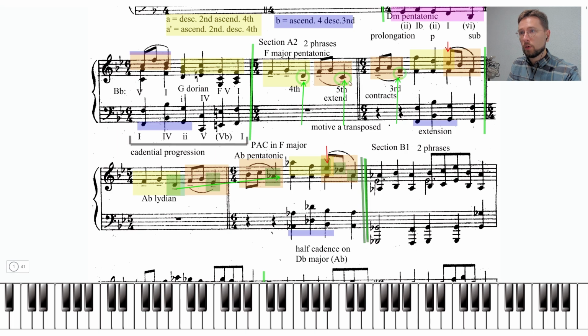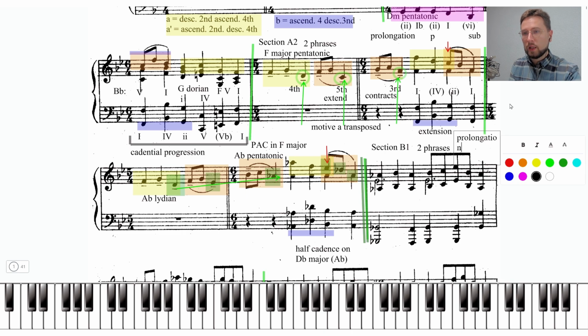Now, the only chords that happen here are these, and they are, again, not very functional because you have the tonic. Then you have this fourth degree, which is like a sort of neighbor tone harmony, but really it's a prolongation of the tonic. So we have a prolongation of tonic.